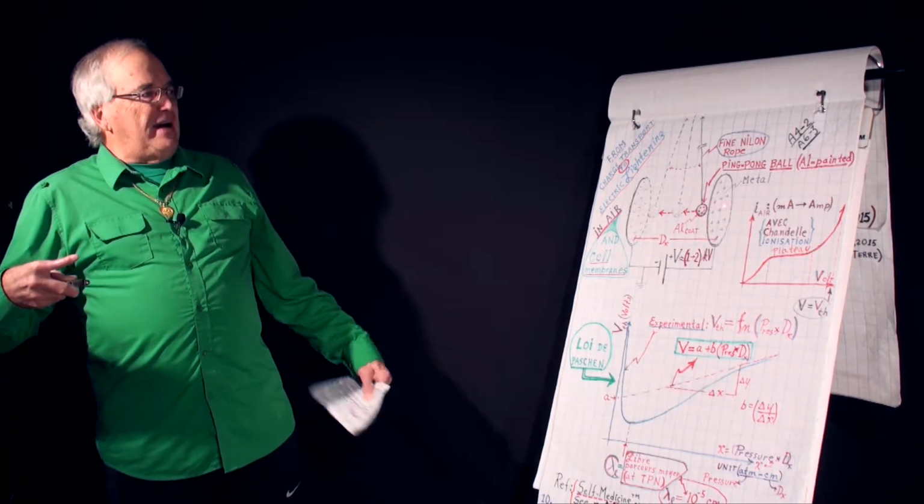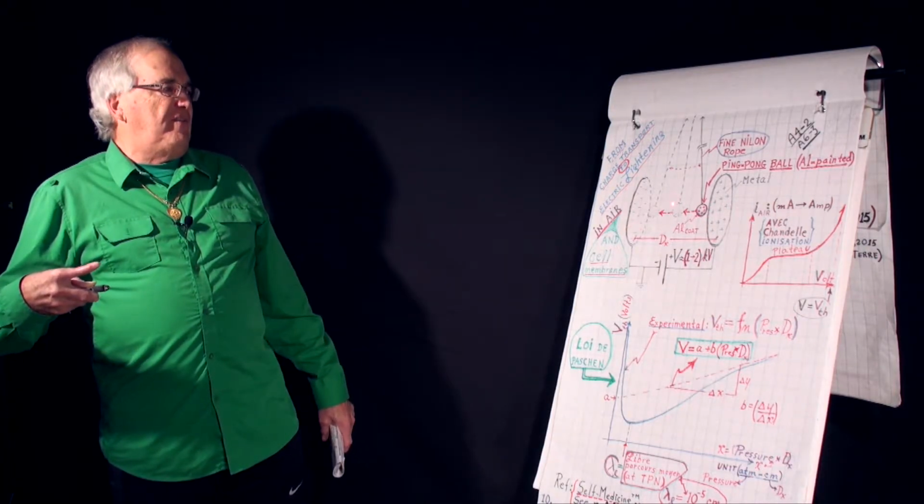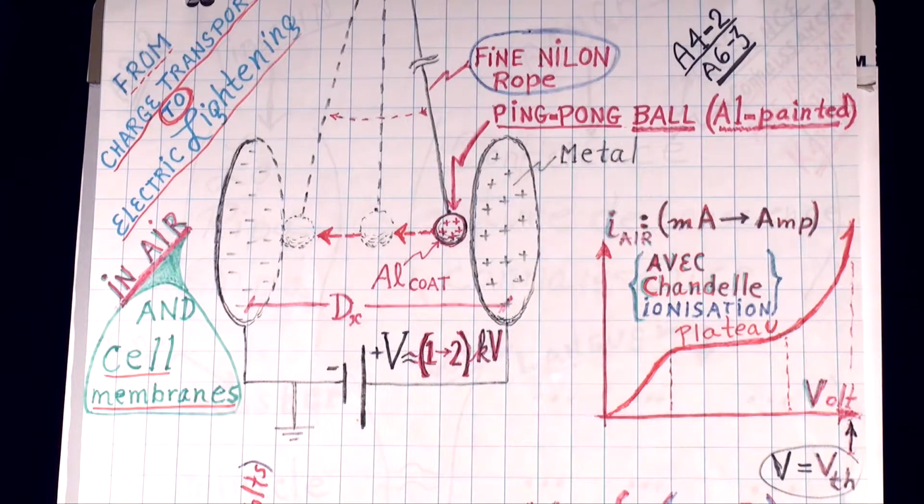So this is a macroscopic reproduction of the phenomenon. If you have a candle ionizing the air between the plates, as you increase the voltage the current will increase, and then you reach a plateau when most of the air is ionized, so these molecules can conduct electricity.